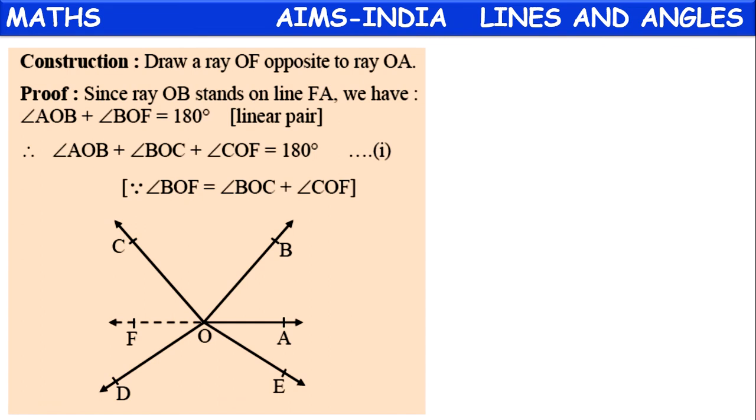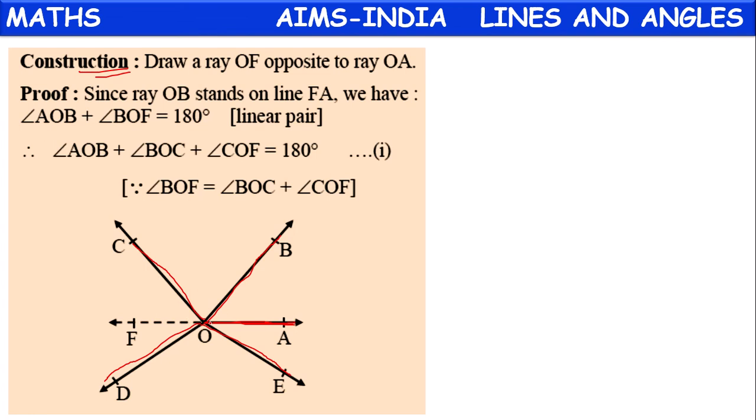That we have to prove. So, construction. For this we have to make a small construction. This is OA, OB, OC, OD, OE. They have given 5 rays, children.